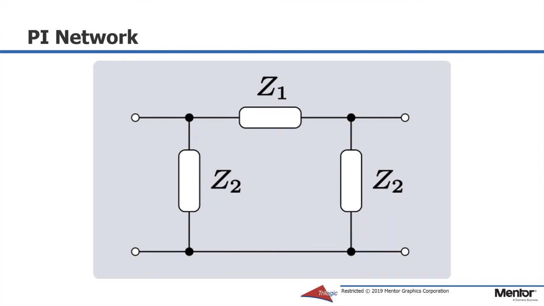So a pi network is a matching network, and we're going to take a look at how to check the impedance of the interconnecting traces that connect this side here and this side, one to the radio and the other side to the antenna.